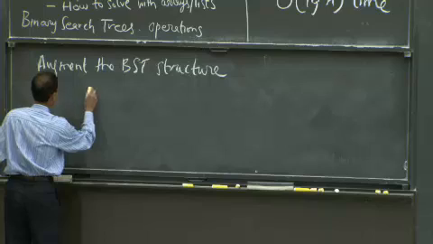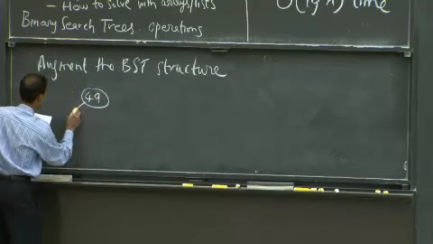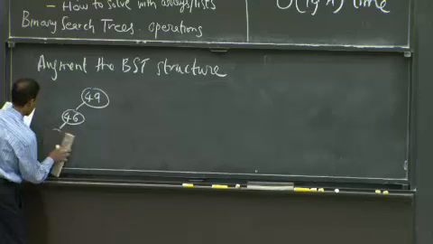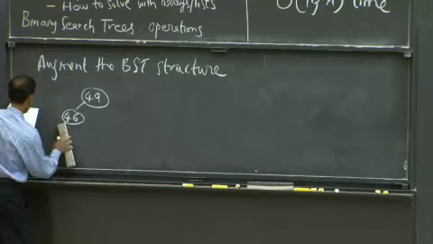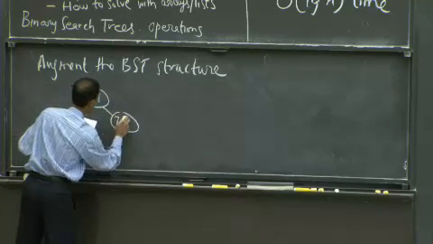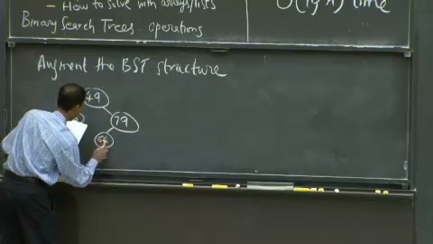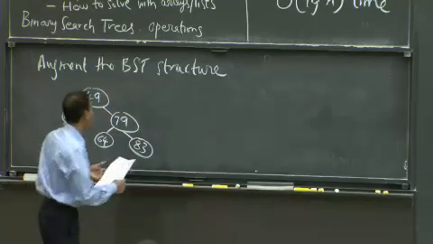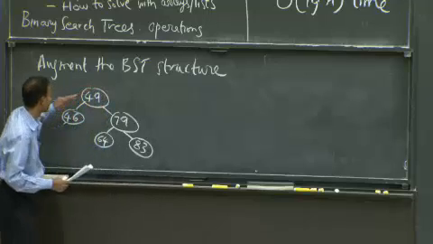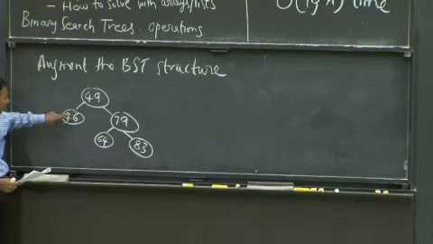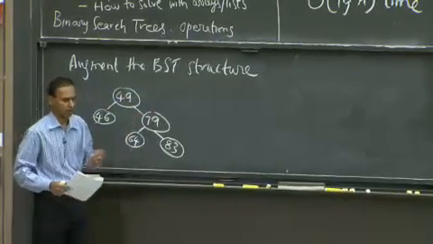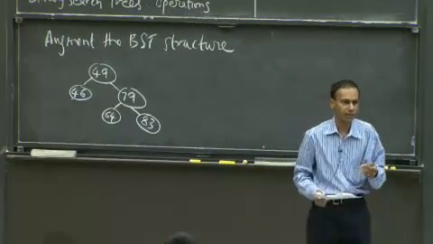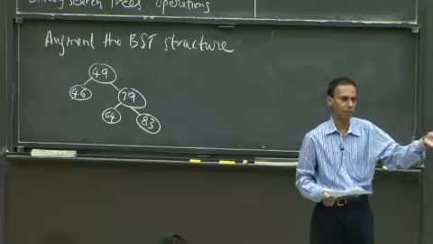So in particular, let's say that I have 49, 46 for now. And over here, I have 79, 64, and 83. Okay? I'm going to have an extra number associated with each of these nodes, and I'm just going to write that number on the outside of the node. You can imagine that now the key value has two numbers associated with it, the thing that I write inside the node and what I write outside of it.